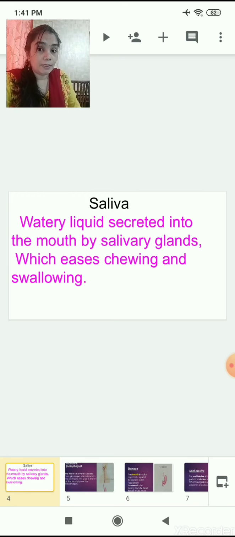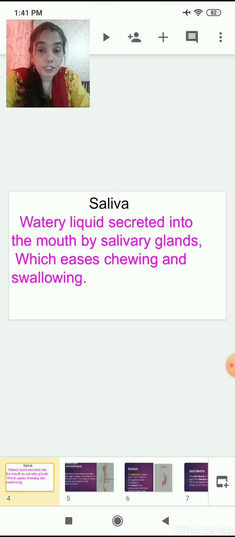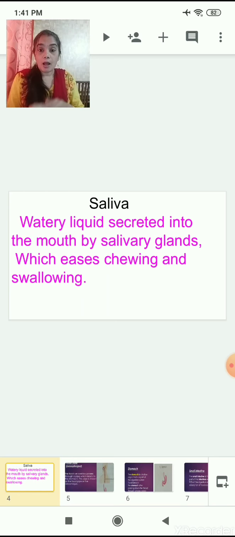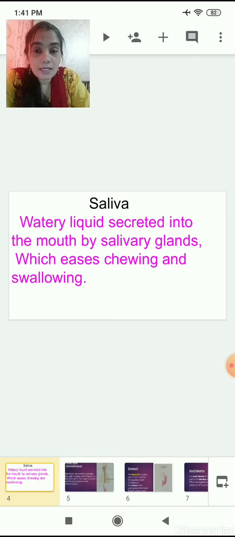For example, any food item which is your favorite, when you see that food, our mouth starts watering, right? Yes, when we see something very delicious, our mouth starts watering and we want to taste that food. So that watery liquid is called saliva, and it is secreted by salivary glands.